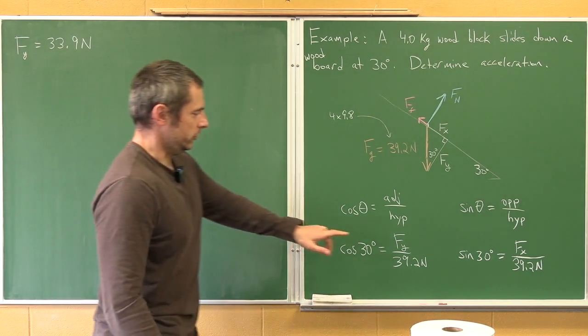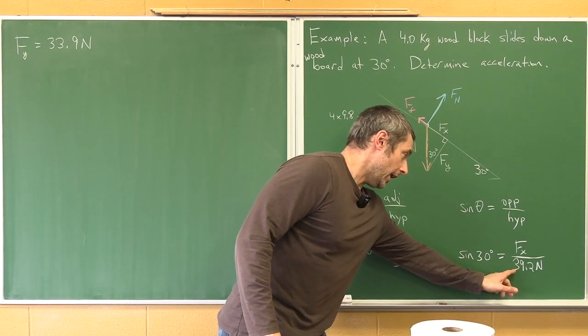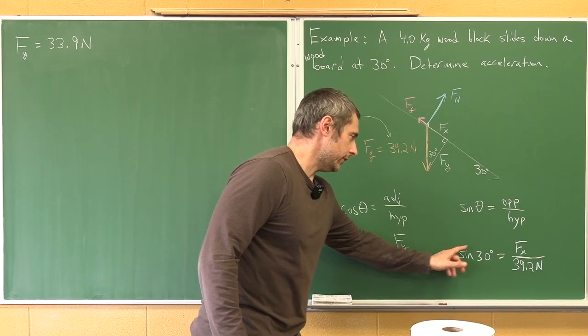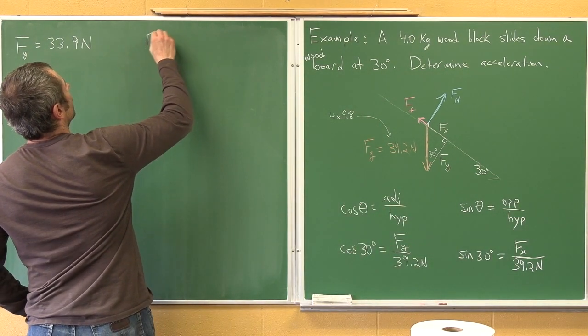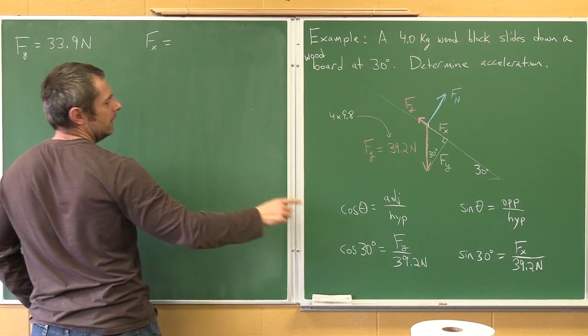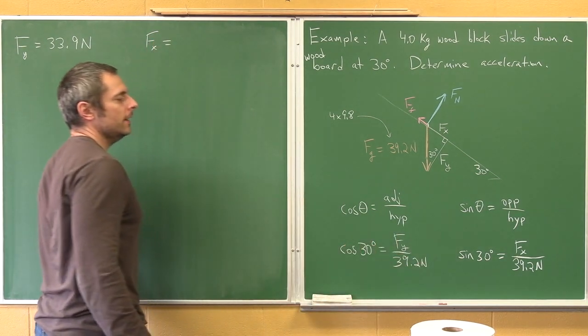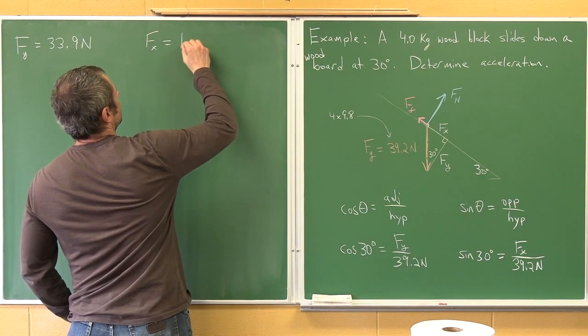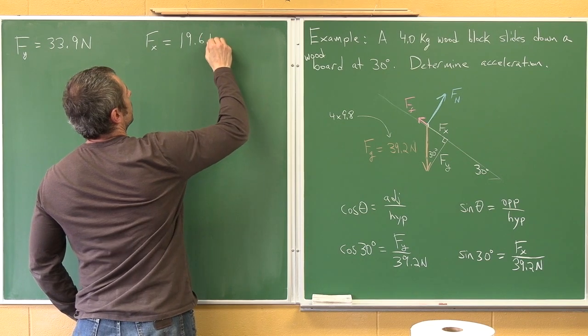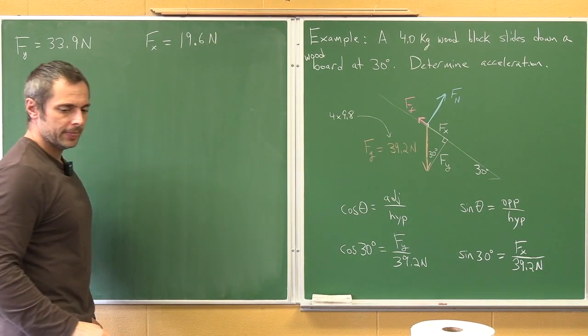And the sine part here of this calculation, I moved the 39.2 with the sine of 30 to get the x component of gravity. And 39.2 times sine of 30 is 19.6. Okay?